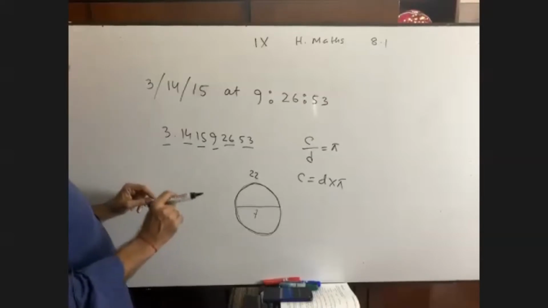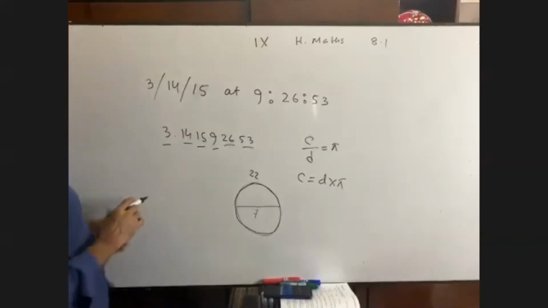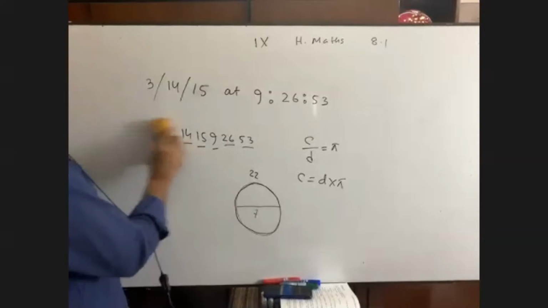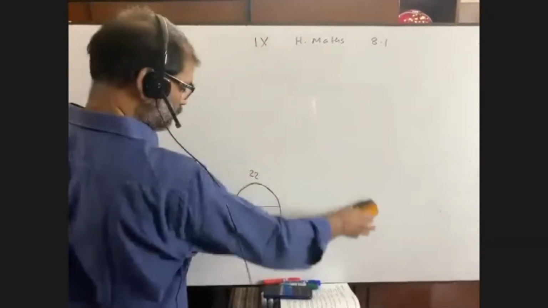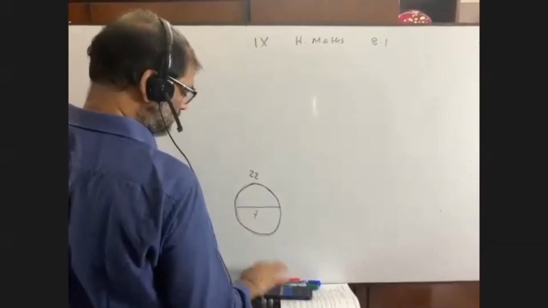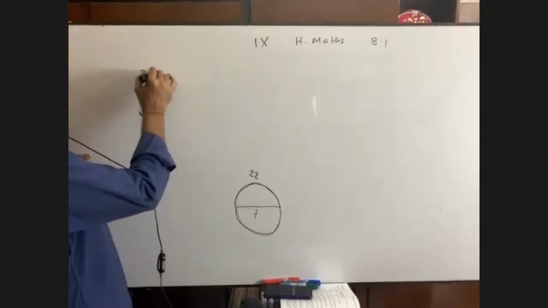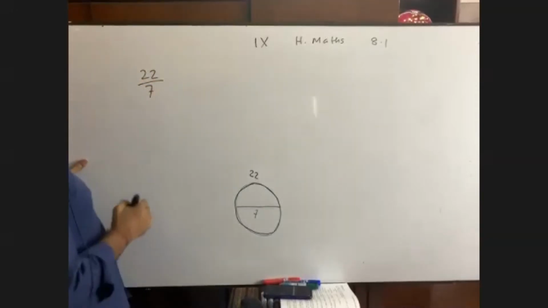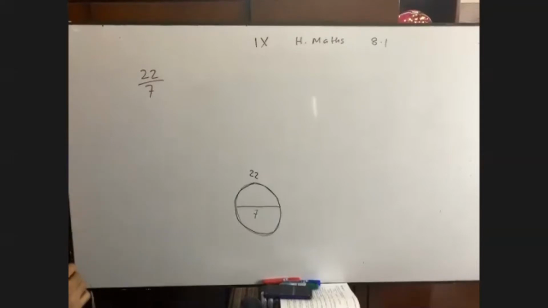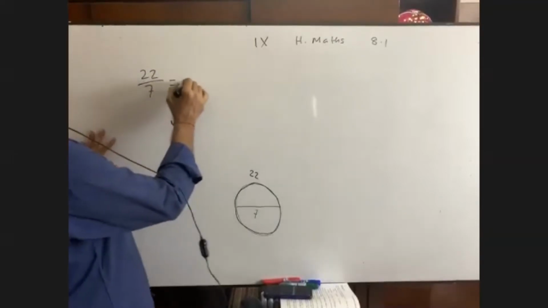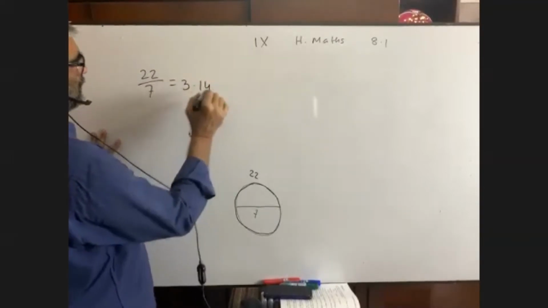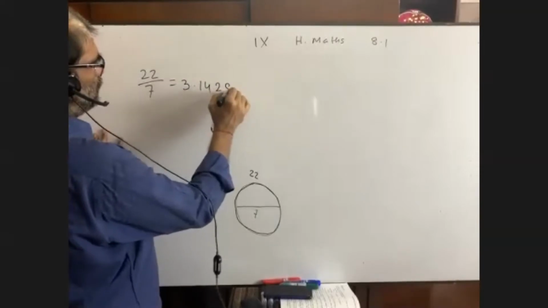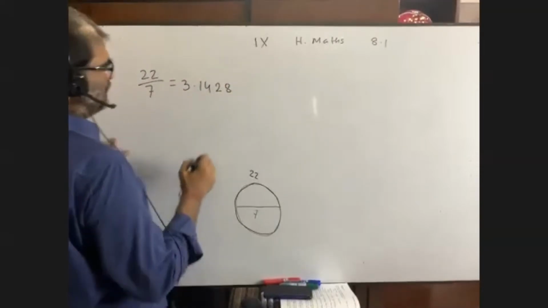That means 22 by 7. That means 22 by 7 equals to what? 3.1428, then 57143.